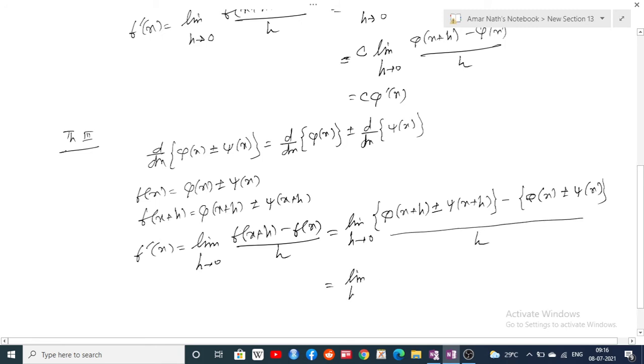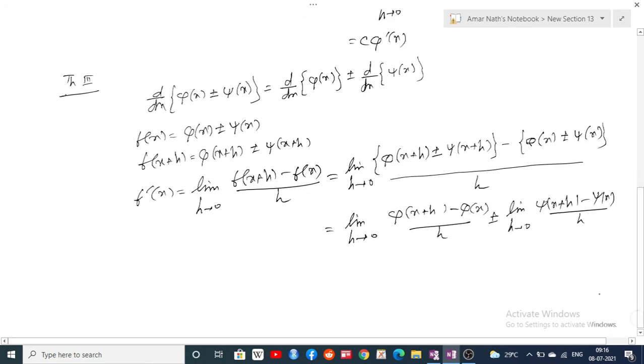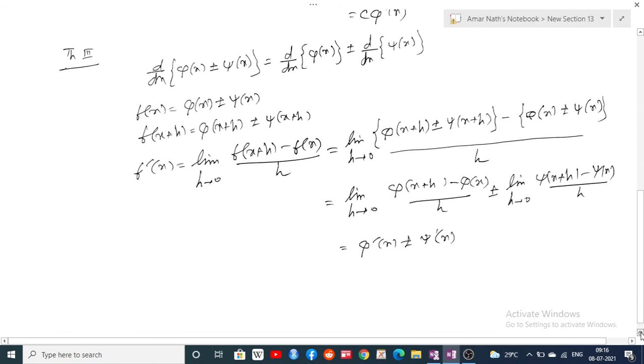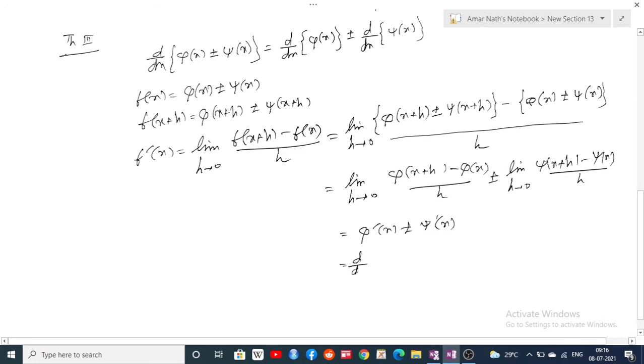Now, using the property of limits, you can separate the phi function and the psi function. That is limit h tends to 0 of phi(x plus h) minus phi(x), divided by h, plus or minus limit h tends to 0 of psi(x plus h) minus psi(x), divided by h. Now this is phi dash x and this is psi dash x. Hence the result is proved: phi dash x means d/dx of phi(x), plus or minus d/dx of psi(x).